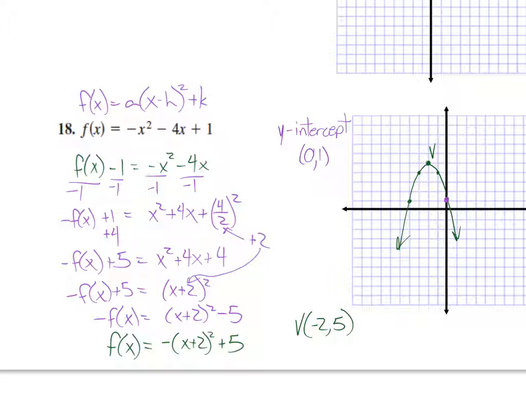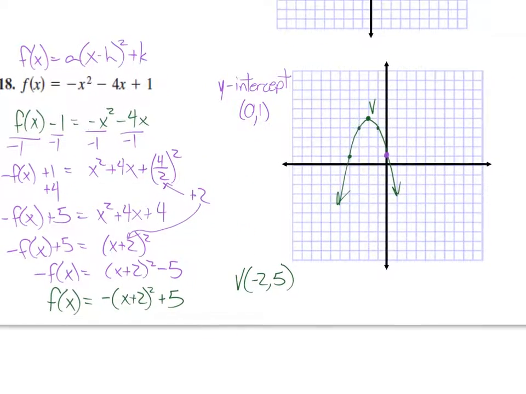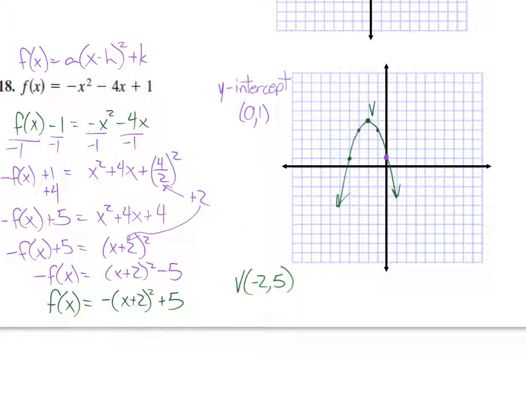The other thing that we need to be able to find are the zeros of the function. Plug it into the equation. What are we going to plug in? The 0 into the y. We're going to replace the f of x with 0, and then we have to solve it.